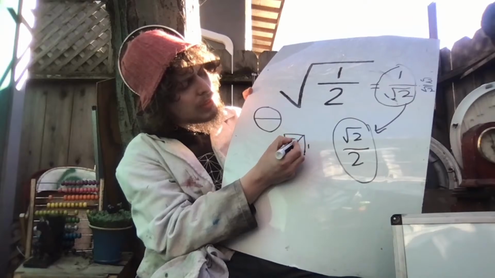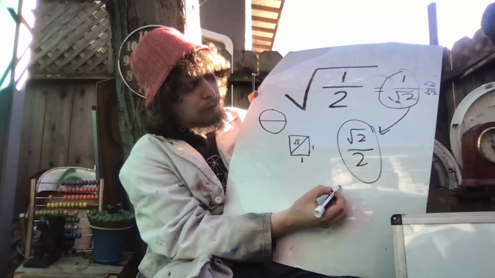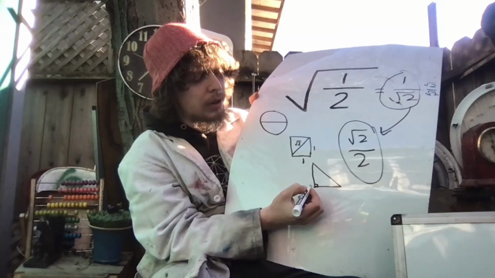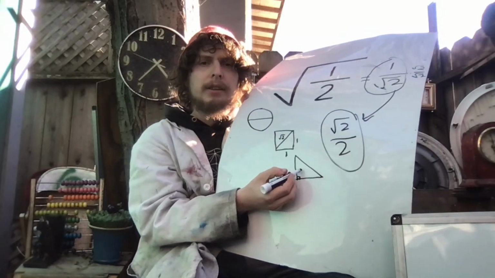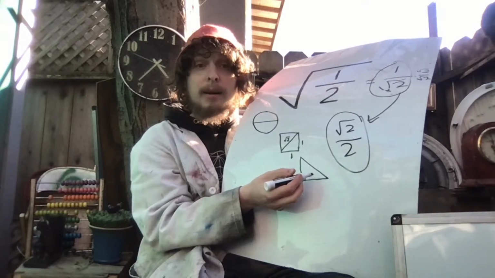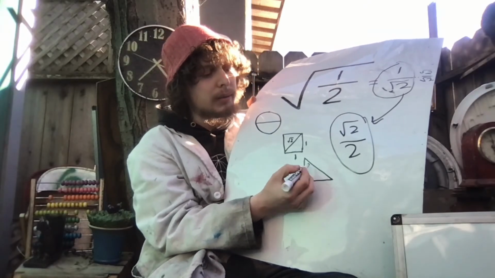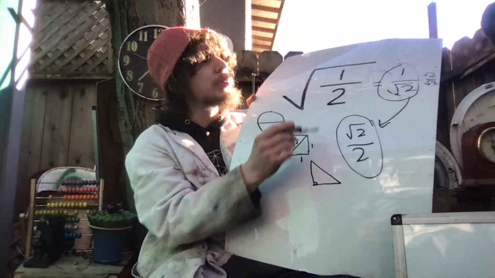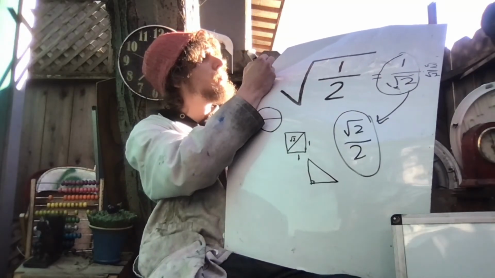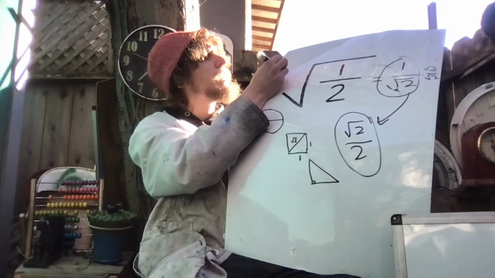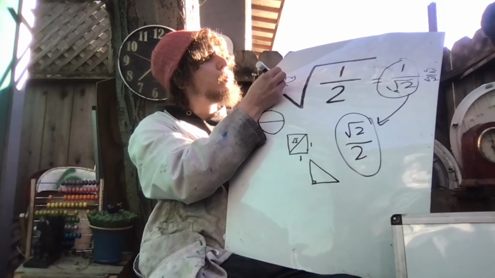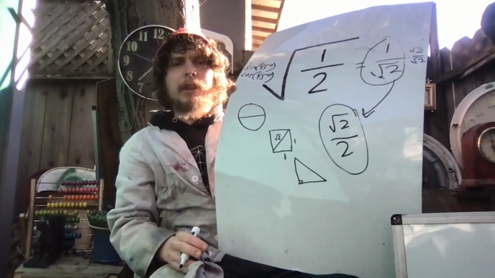So what is this little shape that we get when we cut it in half? This little shape we get is often taught in school as something called the 45-45-90 triangle. Bad name, degree-centric. I know in my short that I posted about this, I did use degrees, because it turns out that sine of 45 degrees and cosine of 45 degrees are also both equal to this square root of 1/2 thing.